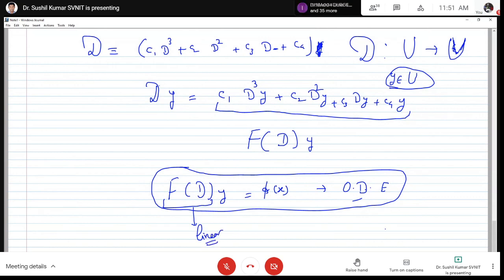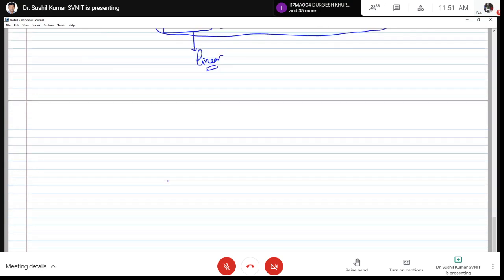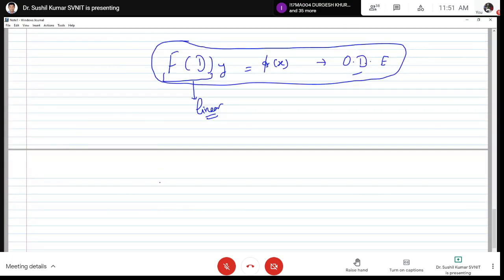Okay. Now, how will we check the linearity of this f D? This is simple. Write f D of, see this f D is nothing but a combination of D. Okay. f D operates on y1 plus y2. Let us assume y1 and y2 are solutions of the differential equation.